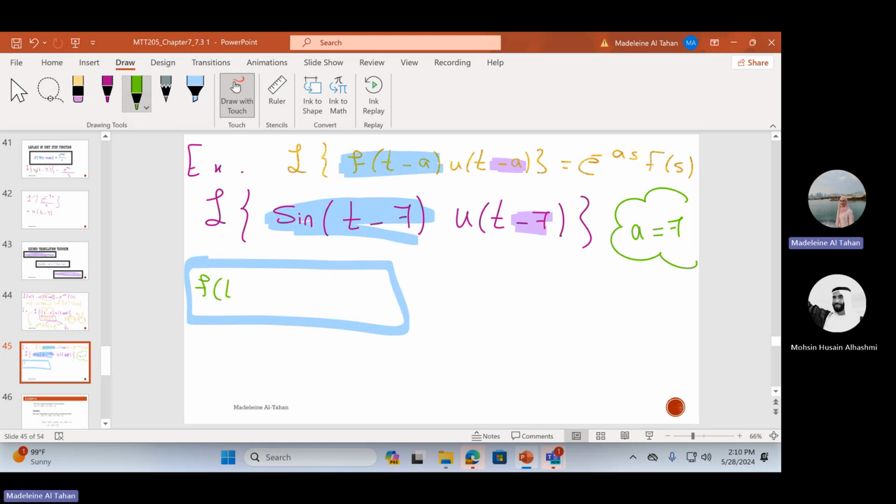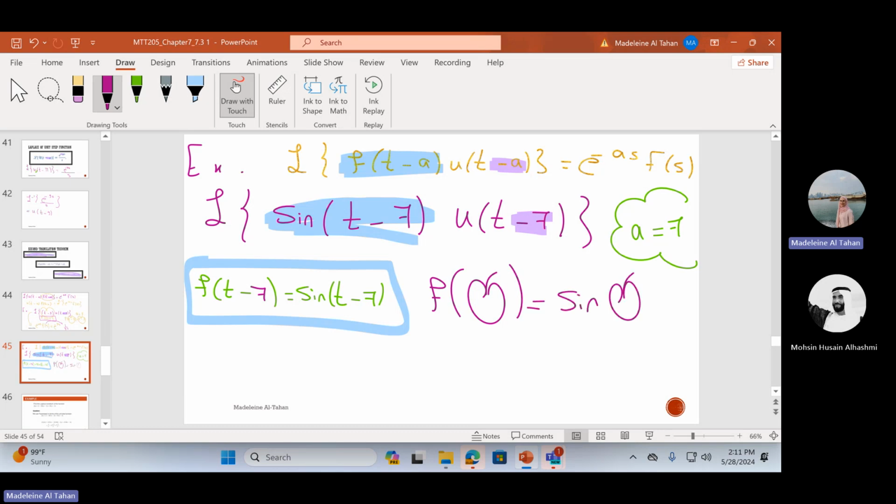F of t minus A is equal to sine t minus 7. This A, what did we say that we will put instead of it? Didn't you tell me that A is equal to 7? F of t minus 7 is equal to sine t minus 7. So what do we have? F of something is sine of this something. Do we agree? Yes. What will be f of t?